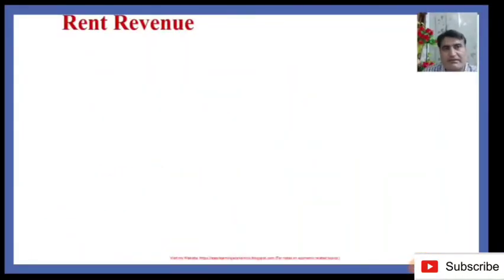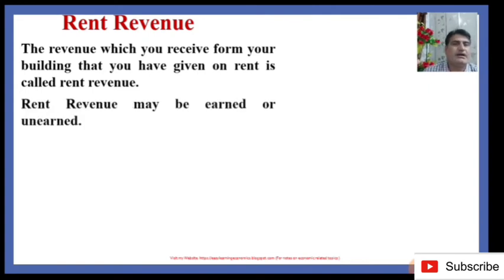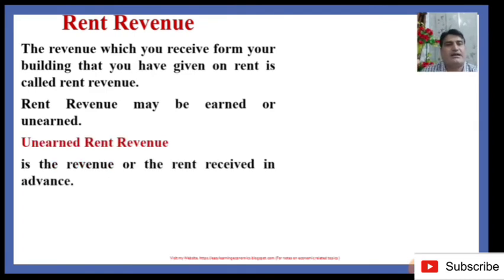What is rent revenue? The revenue which you receive from your building that you have given on rent is called rent revenue. Rent revenue may be earned or unearned. Unearned rent revenue means revenue or rent received in advance which has not yet been earned.